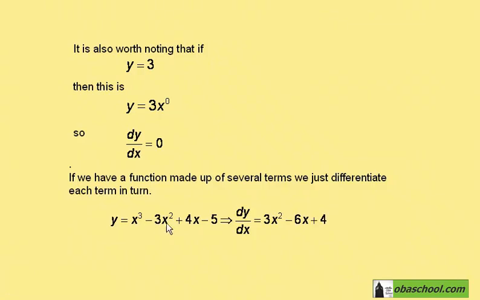The minus 3x squared differentiates to give minus 6x, plus 4x differentiates to give plus 4, and the number on its own, the minus 5, becomes 0, so we don't bother writing that. So dy dx is 3x squared minus 6x plus 4.